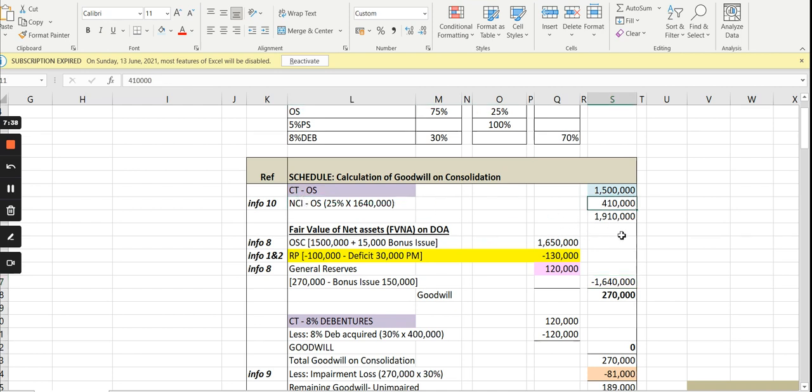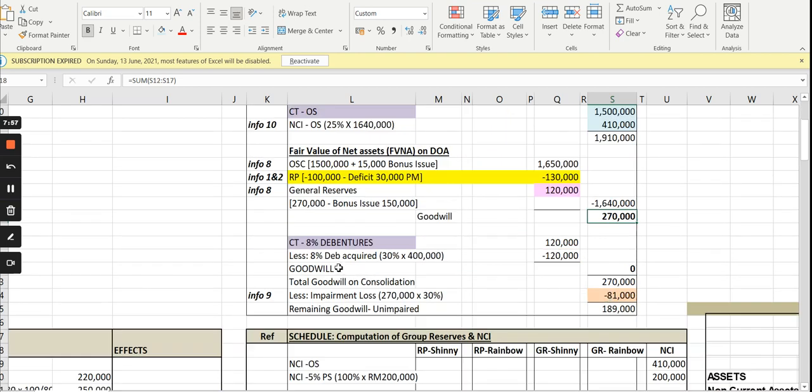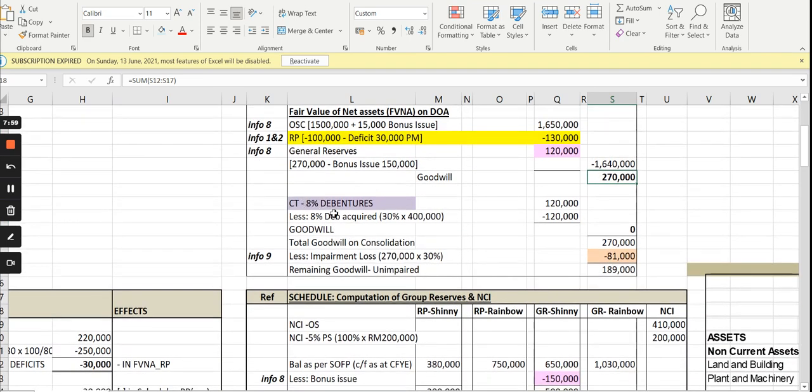You got 410. You total up these two figures. This figure you should total up with the one that you transfer for your investment in ordinary shares. And if you do that, you get 1910 deducted with the fair value of net asset. You have the goodwill.